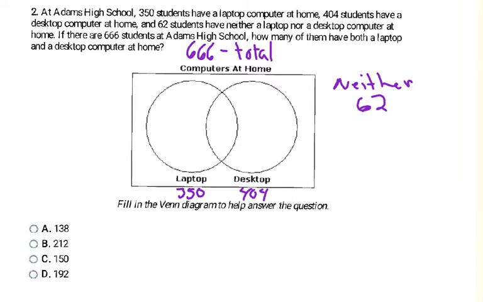So my first step is going to be to find out how many of them have either a desktop or a laptop. I have a total of 666, and I'm going to subtract off the neither. That leaves me with 604 that have either just a laptop, just a desktop, or both.